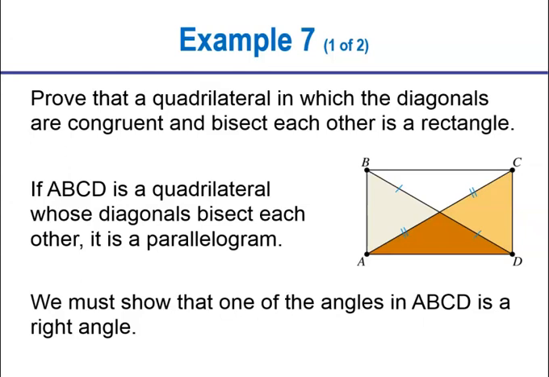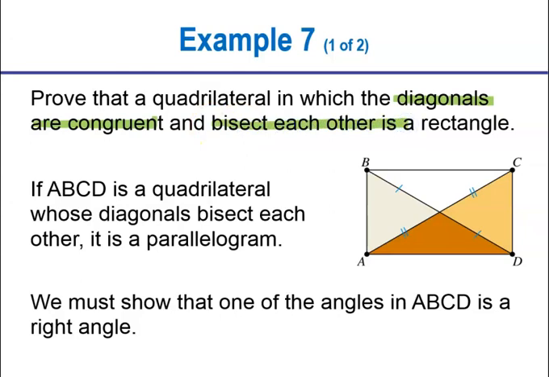It says if ABCD is a quadrilateral whose diagonals bisect each other, it is a parallelogram. Now if you go back and look at your properties, let's see what they're asking us to do. We're going to prove that a quadrilateral in which the diagonals are congruent, okay, so this is something we know, and bisect each other is a rectangle.